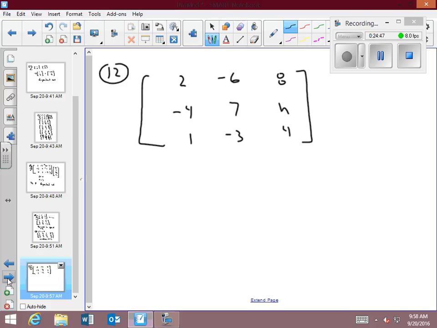What about the first one and the last one? If I divide this one by 2, maybe I'll stay with this one until we need this.